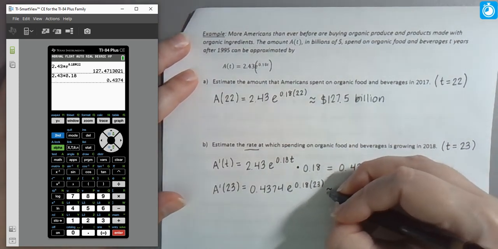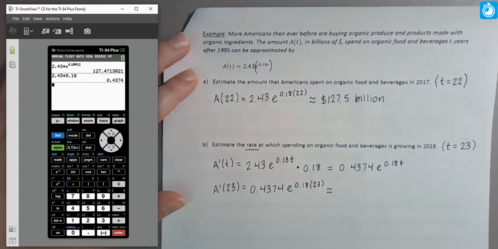And again, I can just plug that directly into the calculator as long as I'm careful. So 0.4374, in other words, the answer on the previous line, times e to the 0.18 times 23. And notice 0.18 times 23, all of that is in the exponent. And so there we go.